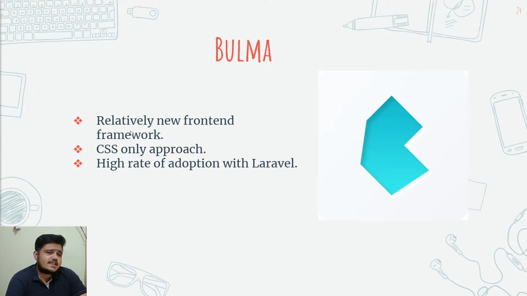So when we say CSS only approach, there are no JavaScript components, and the elegant parts or the components are by default present, which is something many developers with a good eye for design have a problem with when working with Bootstrap. So there are some options that we have here, right, with Bulma, which are not available with Bootstrap, or we can say Foundation.